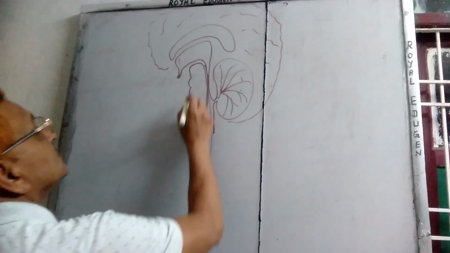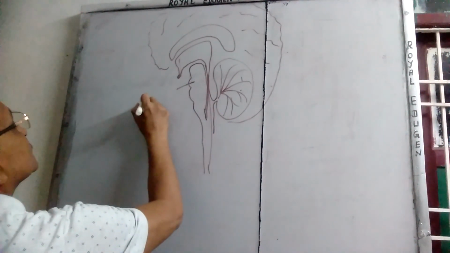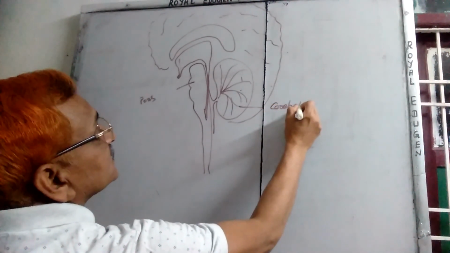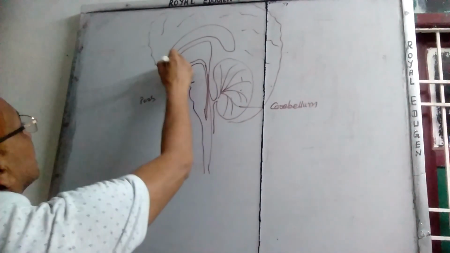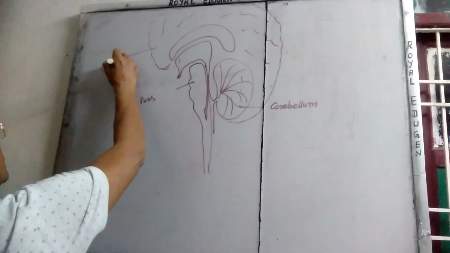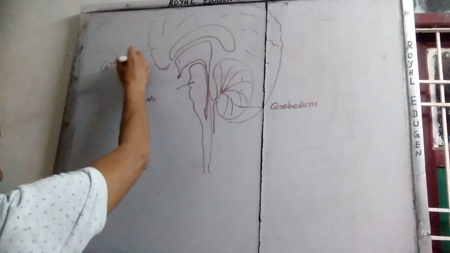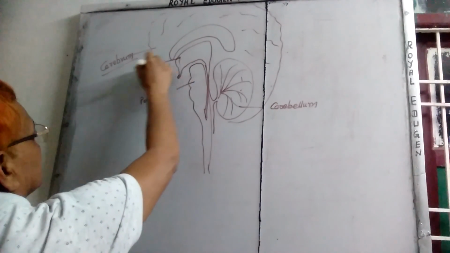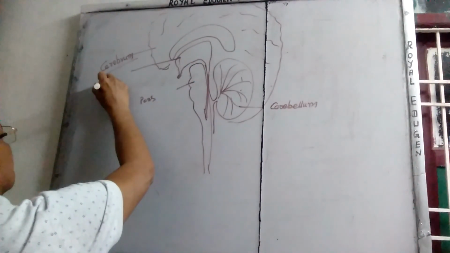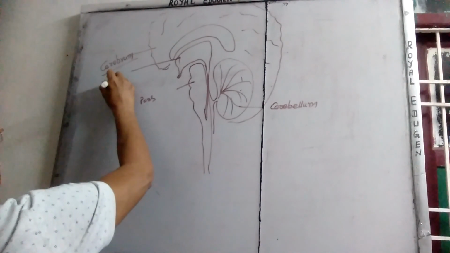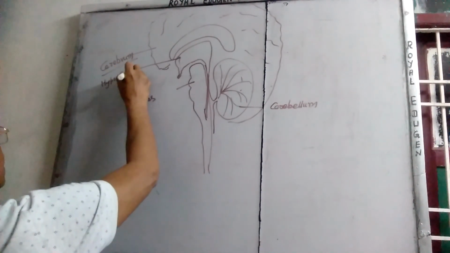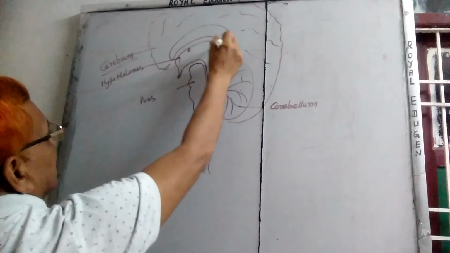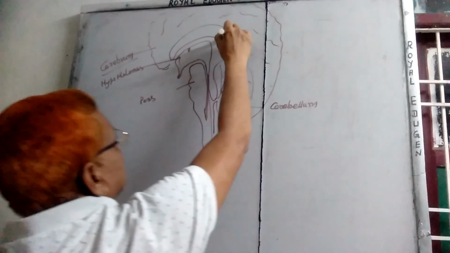Now label it. This one is the pons varolii, this one is the cerebellum, this is the cerebrum, the forebrain, and the upper part is called the hypothalamus, the thalamus is here, and this is the corpus callosum.